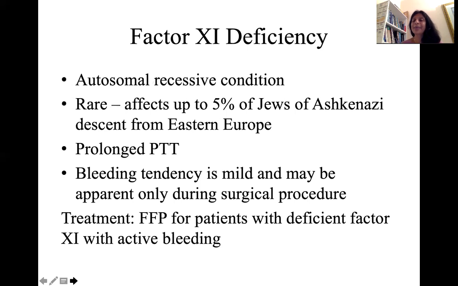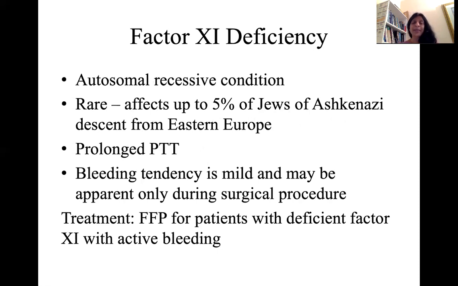This time we talk about factor 11 deficiency. This is also an autosomal recessive condition, okay, rare, and it is common in one specific population, that is Jews of Ashkenazi descent from Eastern Europe. Because of factor 11 and the intrinsic pathway, it makes the PTT longer than normal.